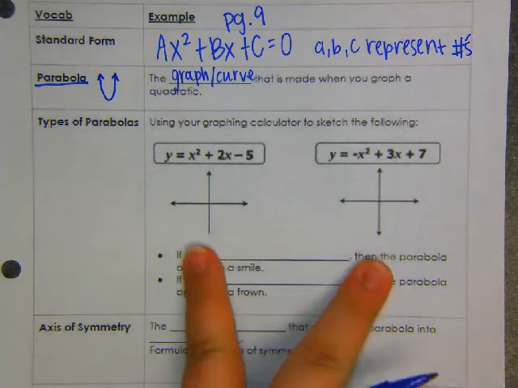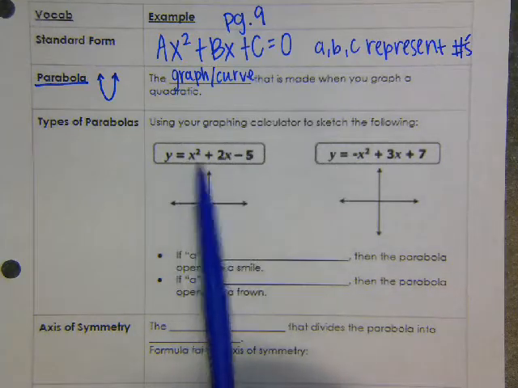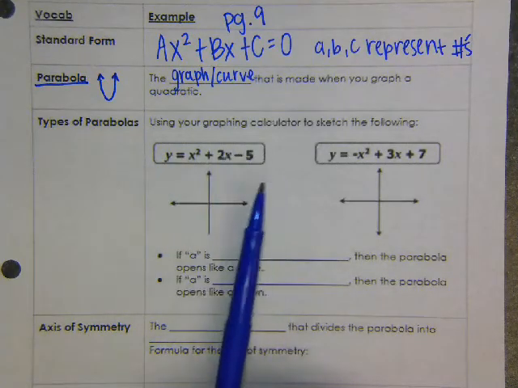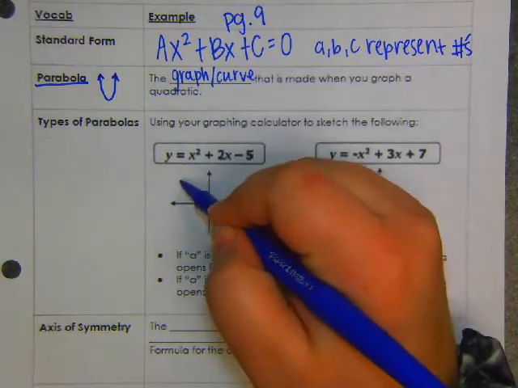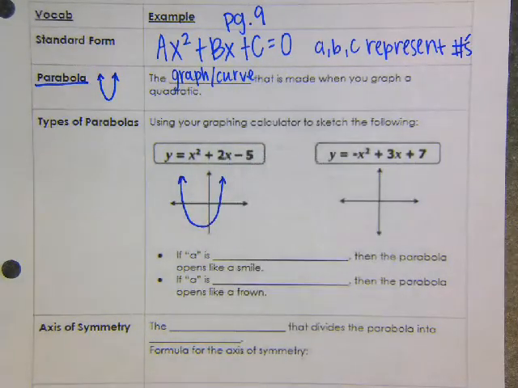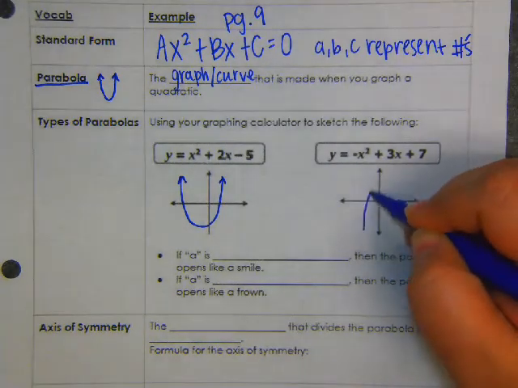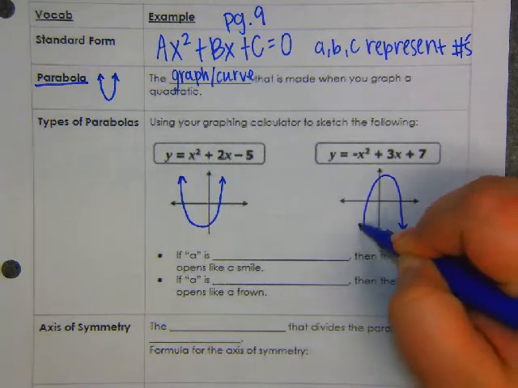Alright, so there's two different types of parabolas that we're going to talk about in this class. So if we graph this in Desmos, Desmos is going to give us a graph that looks similar to that, okay? And then if we graph the second one in Desmos, Desmos will give us something like this.